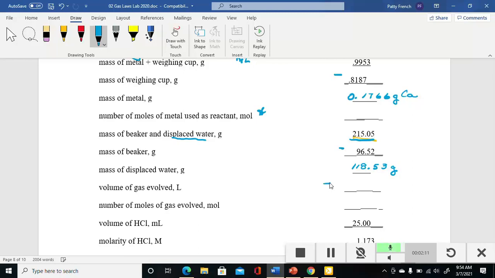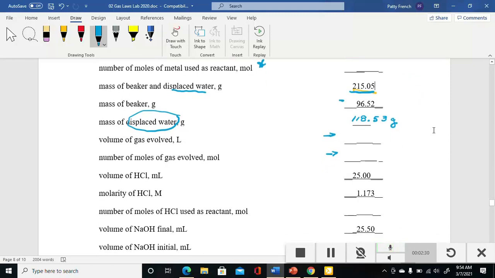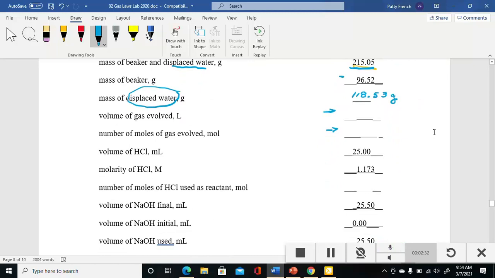Now, I'm going to be figuring this out as well as the volume of the gas that was evolved, because remember, this mass, this displaced water, was a 1-to-1 molar ratio with the gas. So that was the first part.